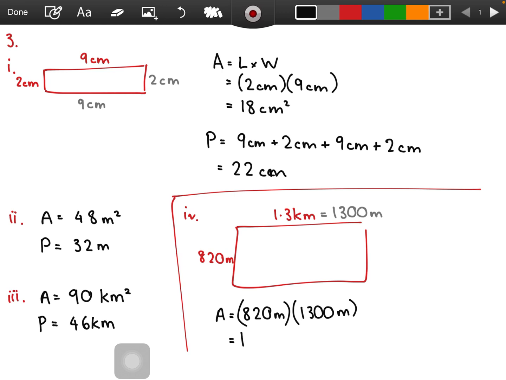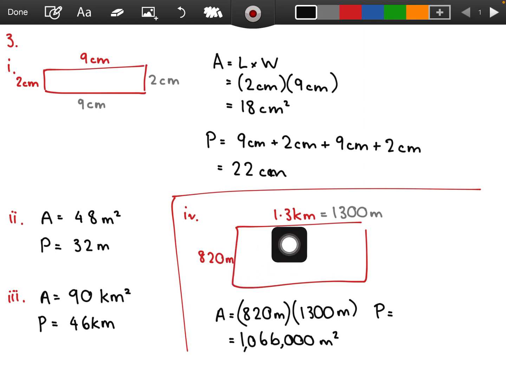Okay, so when we put that into our calculator, 820 meters multiplied by 1,300 meters, we get a massive number. We get 1,066,000 meters squared.